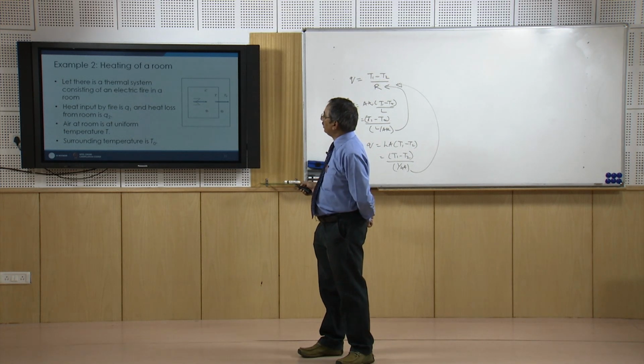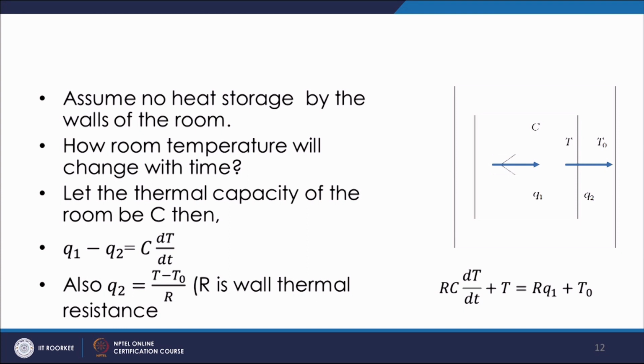We are talking about heating by an electric fire, with heat input by the fire Q1 and heat loss from the room Q2, at the uniform room temperature T and the surrounding temperature T0. Let us assume that there is no heat storage by the walls of the room, that is the walls of the room do not store any heat. Then the question is how the room temperature will change with time.